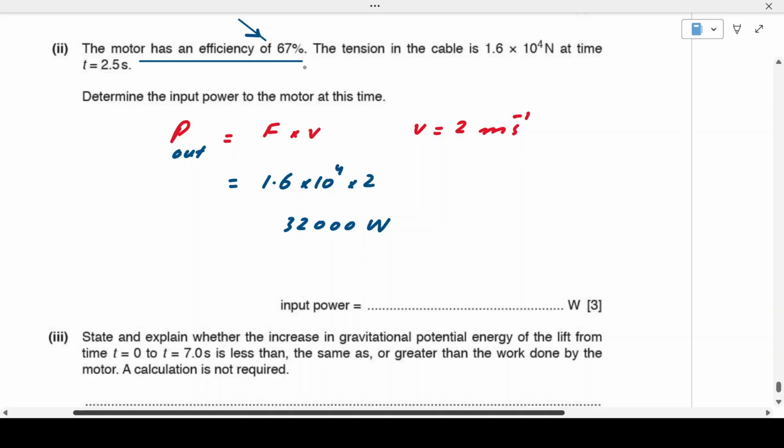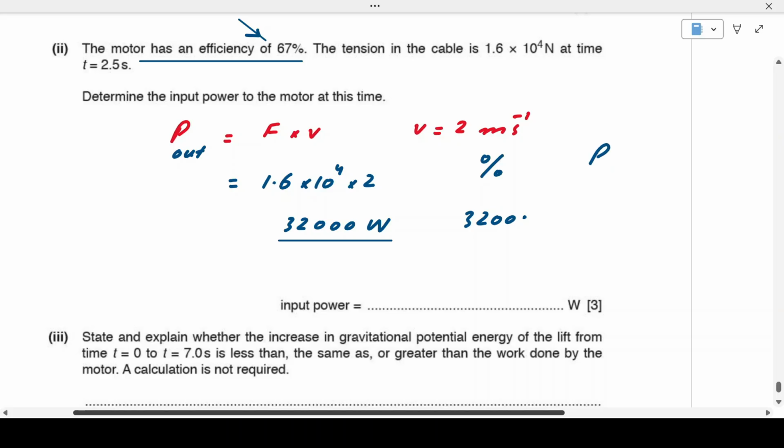So the motor is wasting a lot of it, and after wasting like 33% of the power, the leftover is this one. So this is the output one, which is 33% of the power.